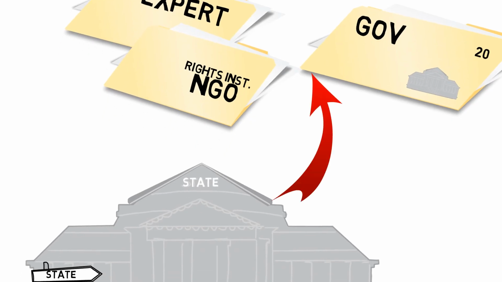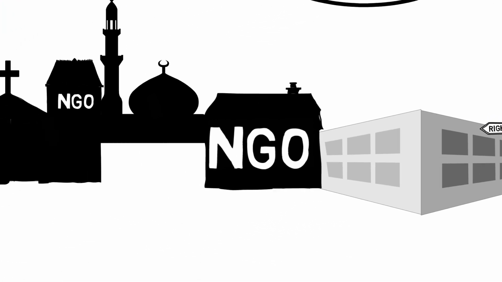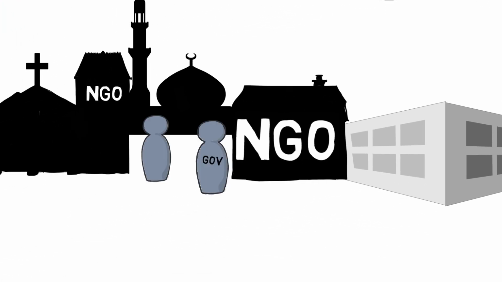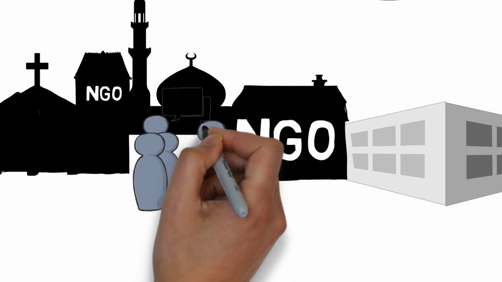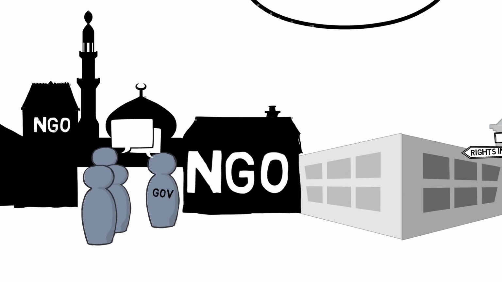In it, the government describes how they see the human rights situation in the country and what they've done to implement the recommendations made by the Human Rights Council when it last reviewed the country. The government is meant to consult with civil society organisations in the country when preparing the report.